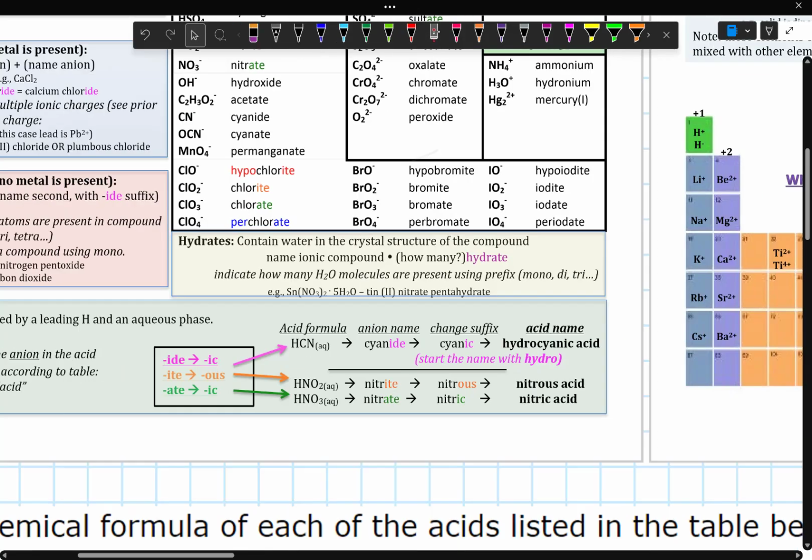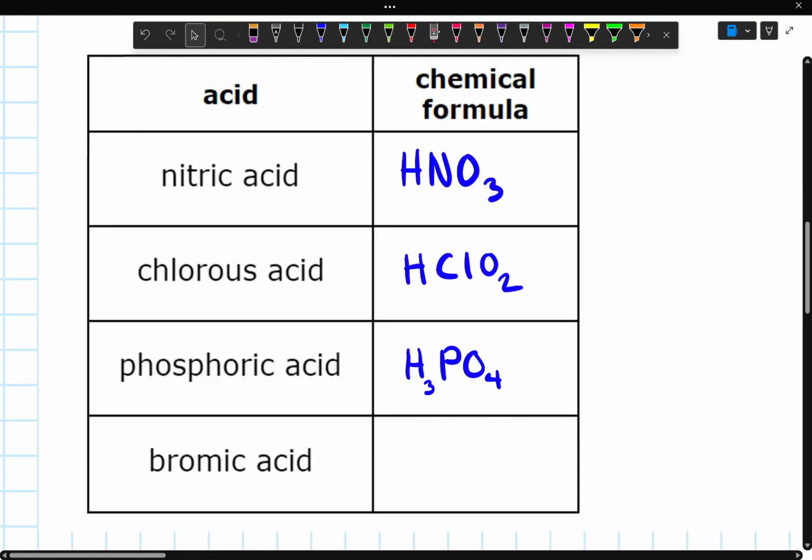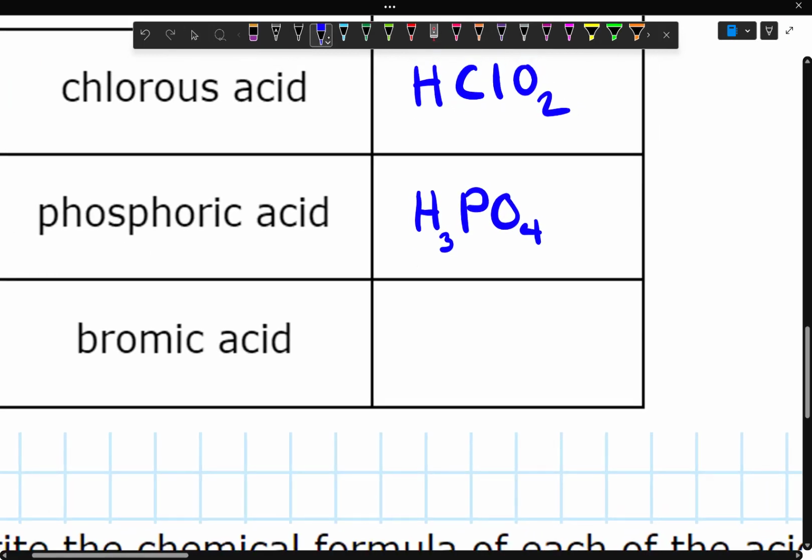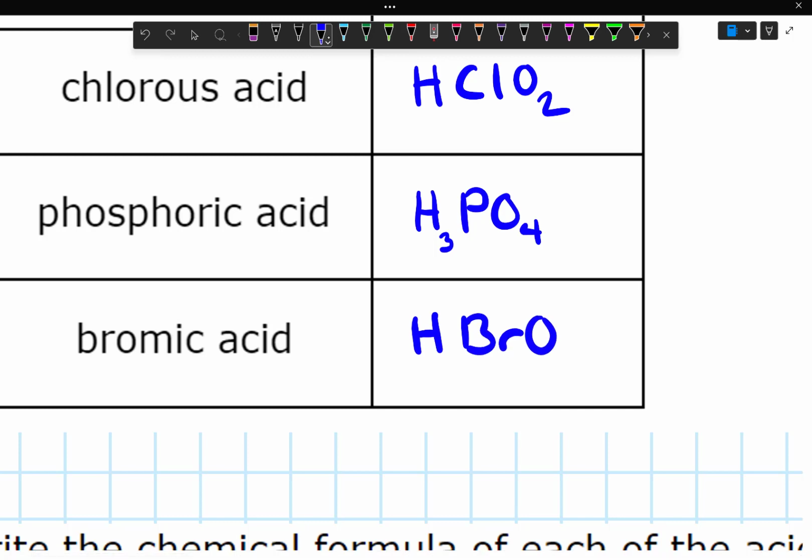That's going to be our ion for bromic acid. So H and then BrO3. Bromate, we know, has a charge of -1, and that balances out our hydrogen just fine. So that's our final answer.